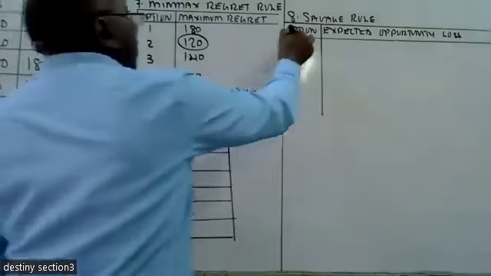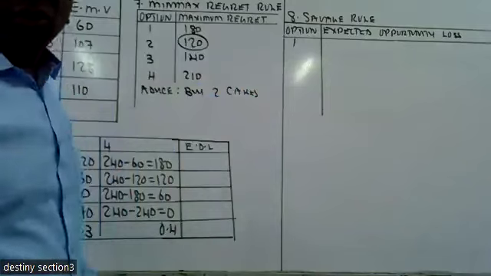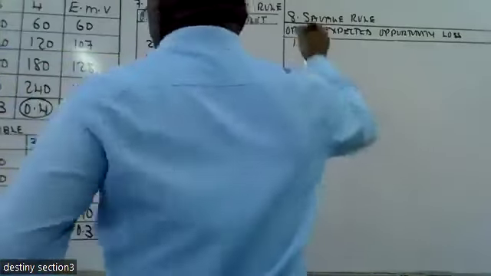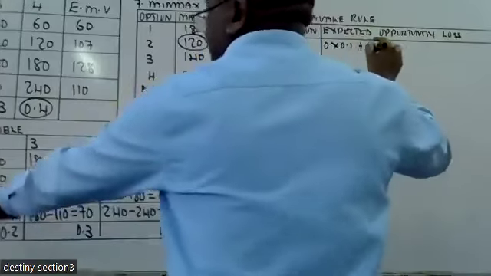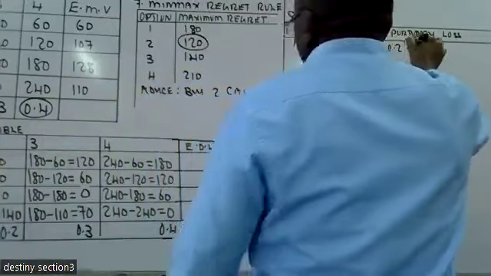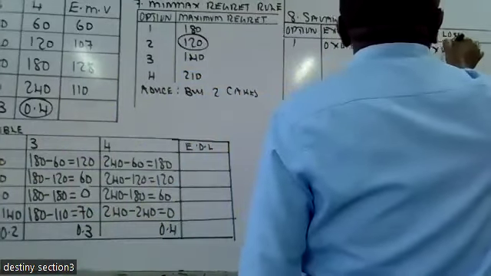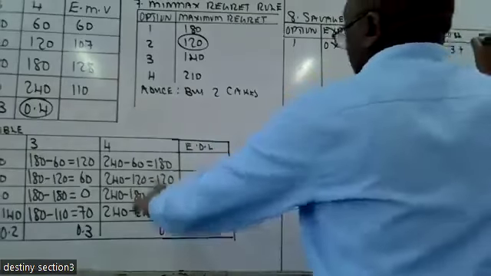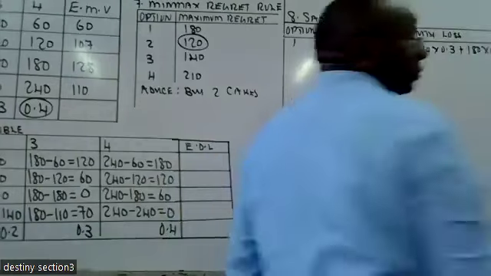So option 1, we just compute like we did with the expected monetary value. So you take these losses. Here we have 0 times 0.1 plus 60 times 0.2 plus 120 times 0.3 plus 180 times 0.4.